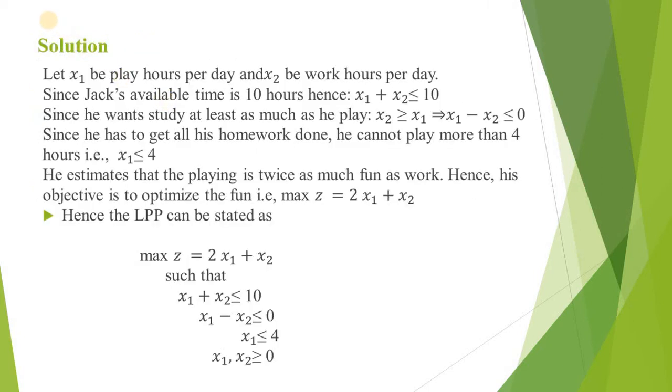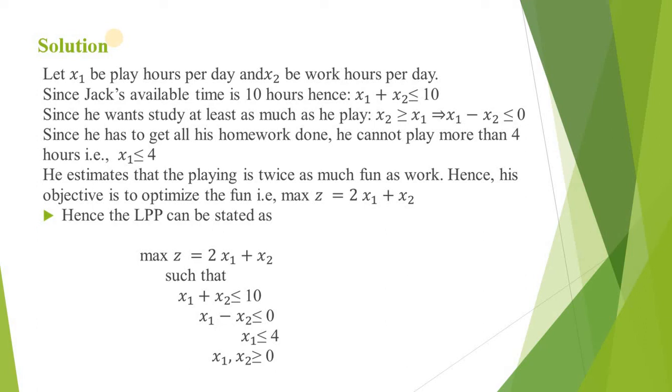X1 is the play hours per day and X2 is the work hours per day. Since Jack's available time is 10 hours, X1 plus X2 should be less than or equal to 10. Since he wants to study at least as much as he plays, X2 should be greater than or equal to X1. In other words, X1 minus X2 is less than or equal to 0. Since he wants to get all his homework done, he cannot play more than 4 hours, so X1 should not exceed 4 hours.